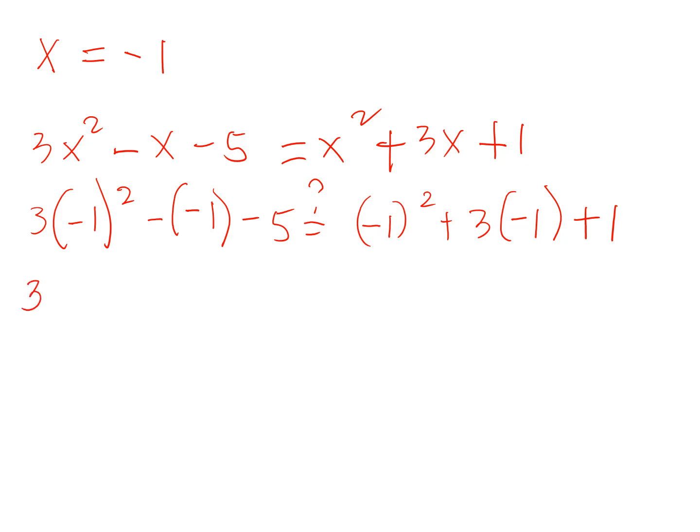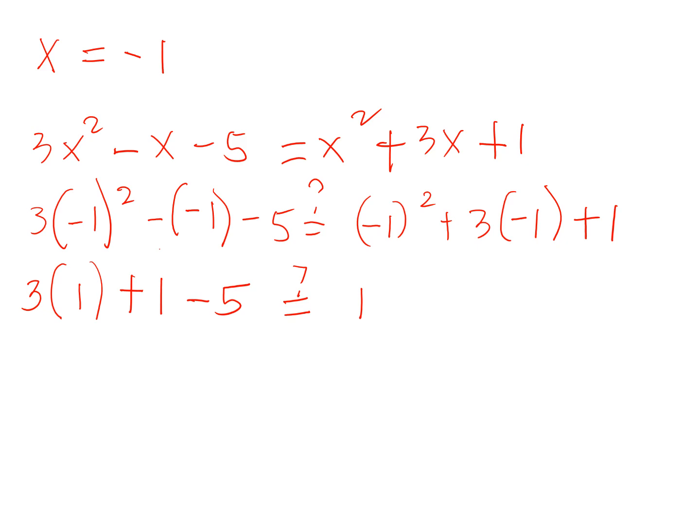Okay, so negative 1 times negative 1, that is equal to 1. Then negative times negative 1, so we have positive 1. Again, we multiply negative times negative, positive 1. Then copy negative 5. Is it equal to 1? Negative 1 times 1, that is equal to 1.